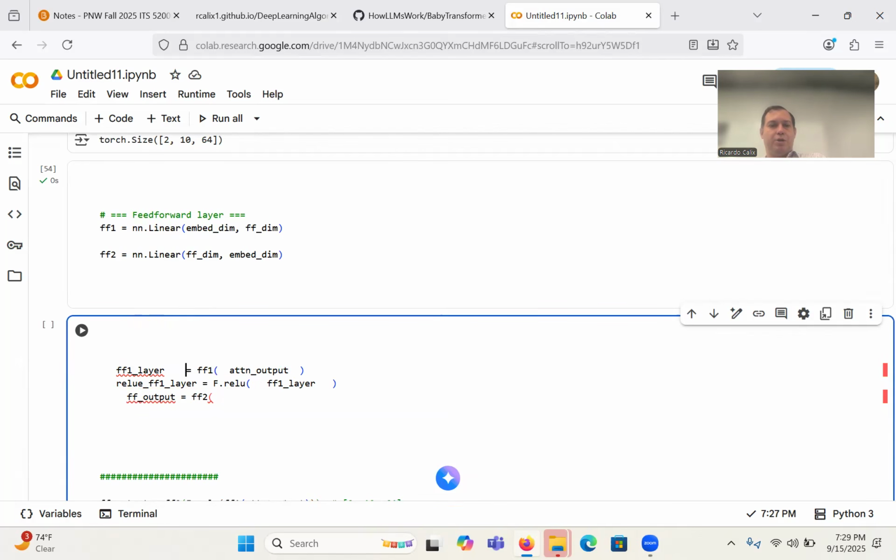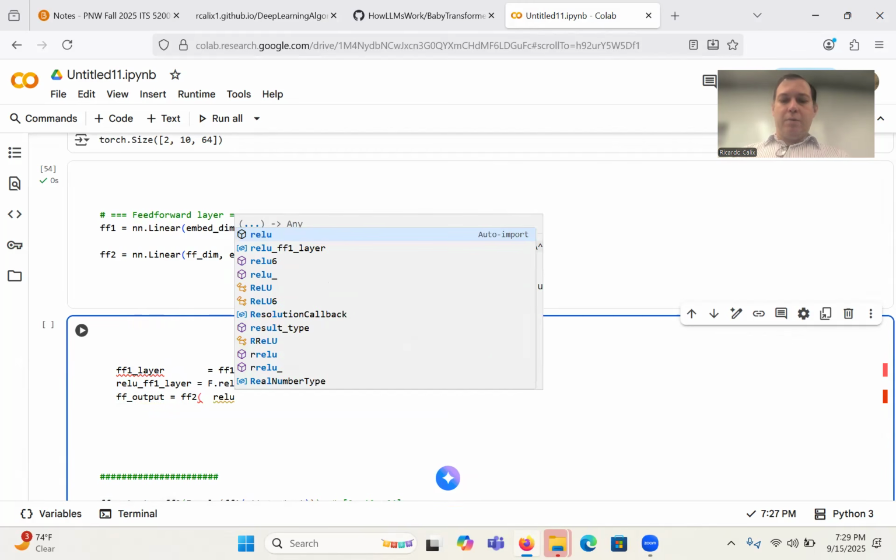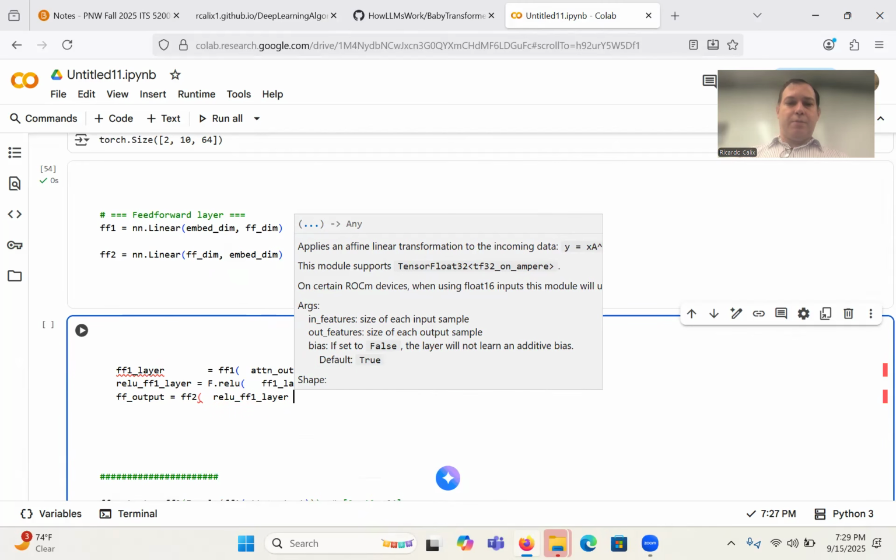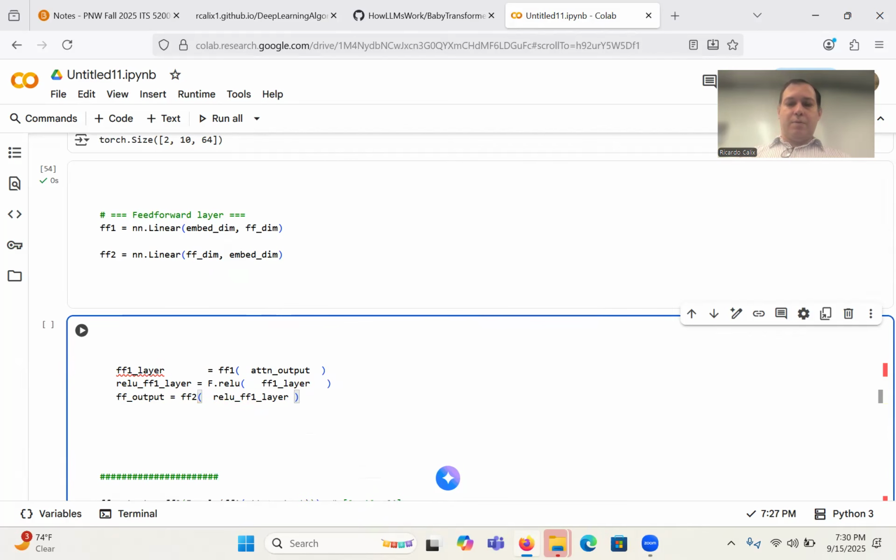So these are just traditional neural network layers, and then ReLU. And then we have this one, which is the layer FF2. And what does that take in? ReLU FF1 layer, just like that. And there you go. Essentially, that's all that's happening, right?